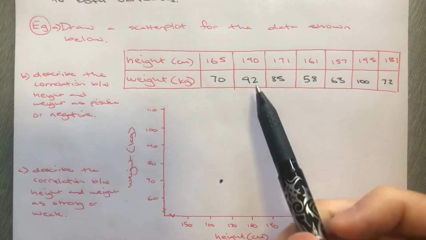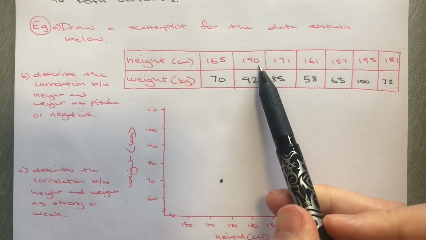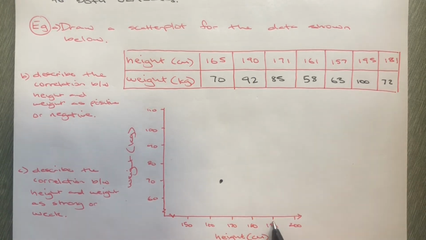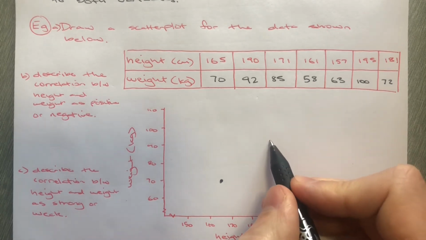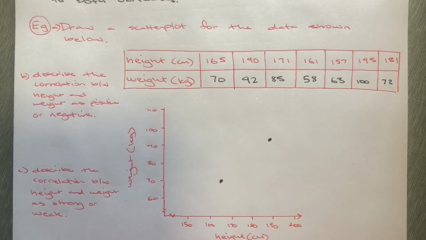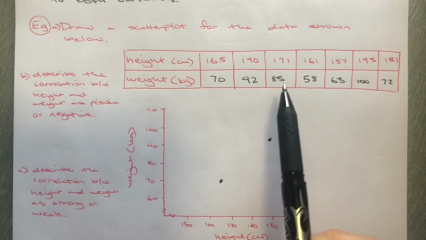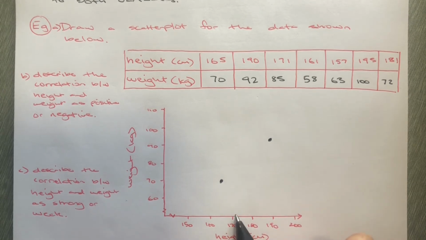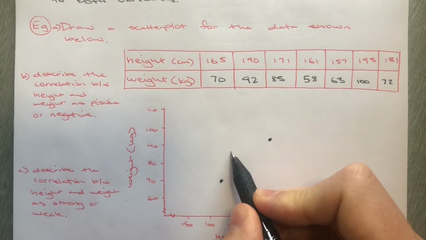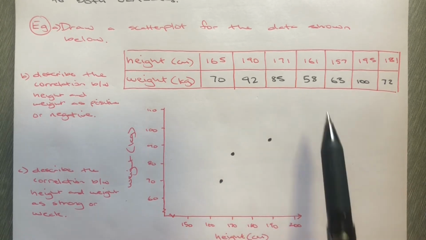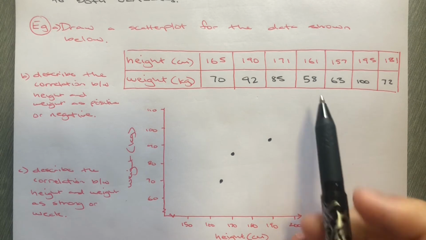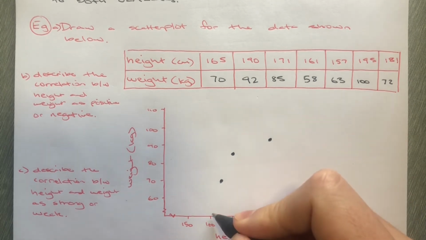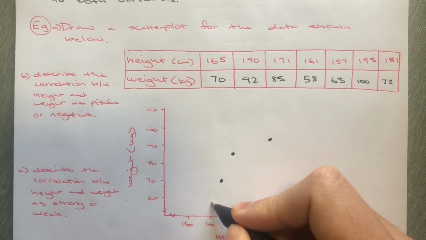Let's go to the next one. This person is 190 centimeters and 92 kilos. So 190 and then 92 would be around about here. It'd be a lot easier if we had graph paper, but I'm going to do the best I can. The next one, 171 centimeters, about here, and 85 kilos. I'm trying to be as accurate as I can. Next one, 161 centimeters and 58 kilos, around about here.